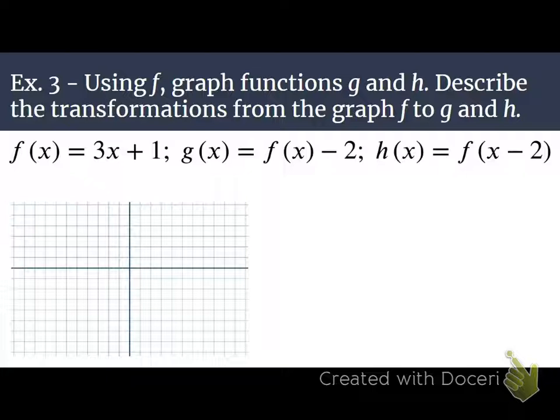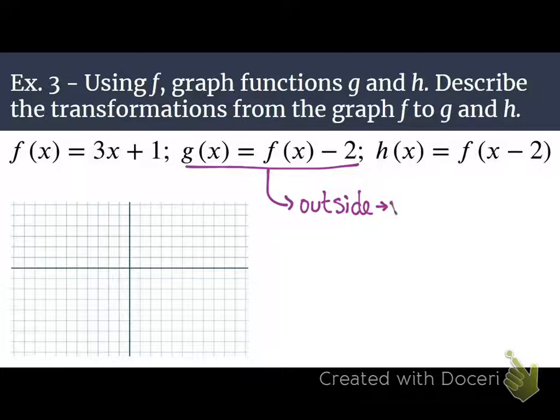So, for g of x, let's just talk about it real quick, and then we'll do all of our graphing all at once. For g of x, are we working inside or outside the parentheses? Outside. So if we are changing things outside the parentheses, that means we're moving what possible ways? Vertically or horizontally? Vertically.